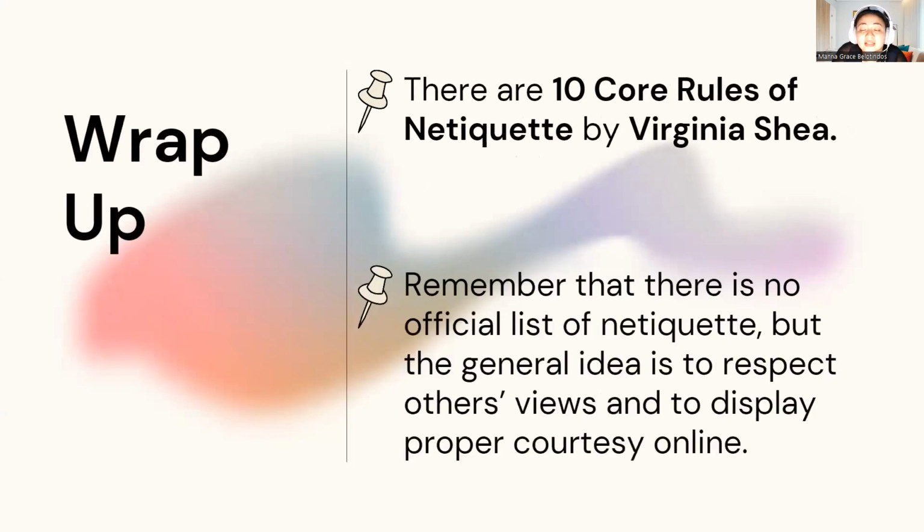Third, there are 10 core rules of netiquette by Virginia Shea. And the last one, remember that there is no official list of netiquette, but the general idea is to respect others' views and to display proper courtesy online. And that's it for today.